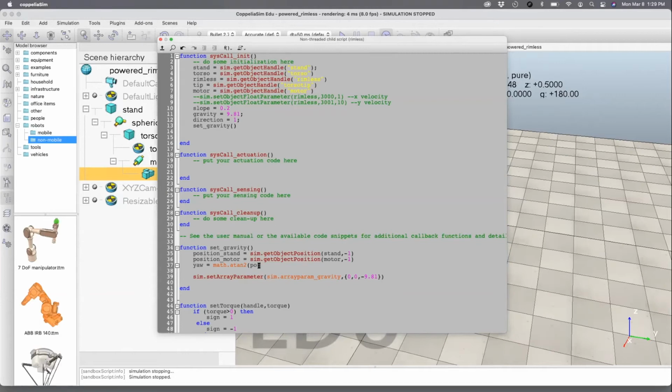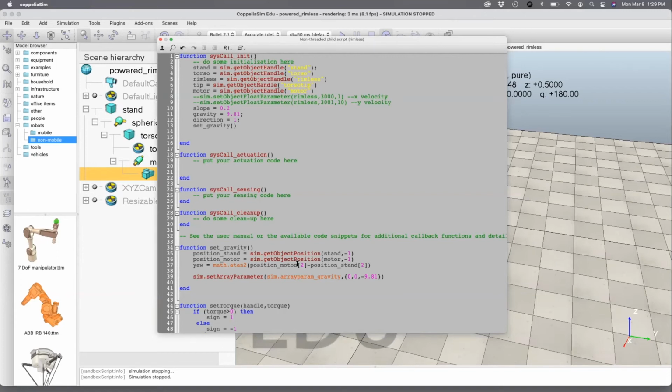So that will be position motor. The y coordinate is, hold on, 2 minus position stand 2.